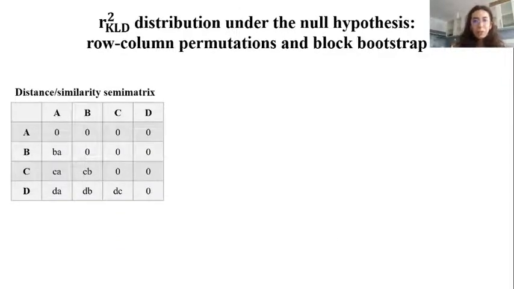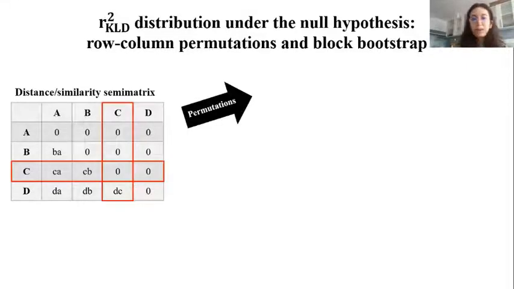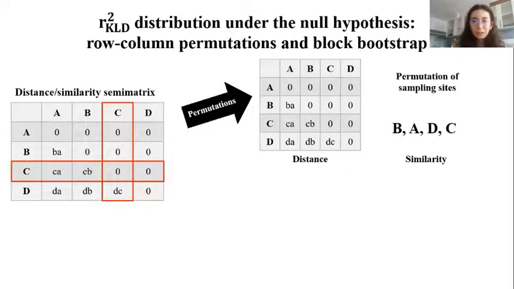Now I'm going to explain the row column permutations and the bootstrap. Both these methods rely on the idea of selecting all the values of a distance matrix that are related to one sampling point. For the permutations, first we obtain a permutation of the sampling points, and then we reordinate the similarity matrix accordingly.